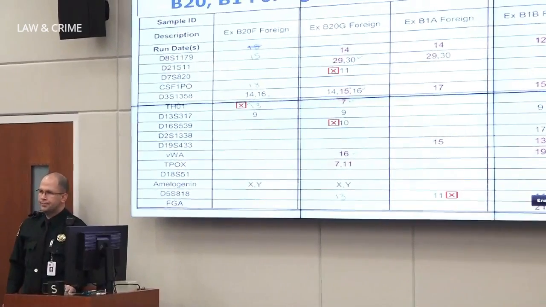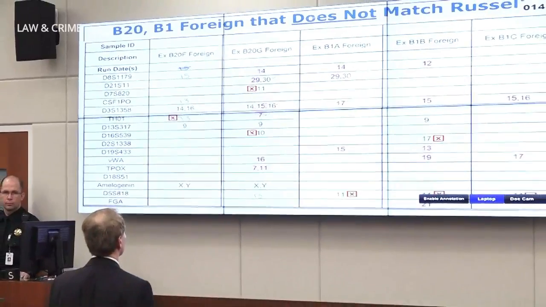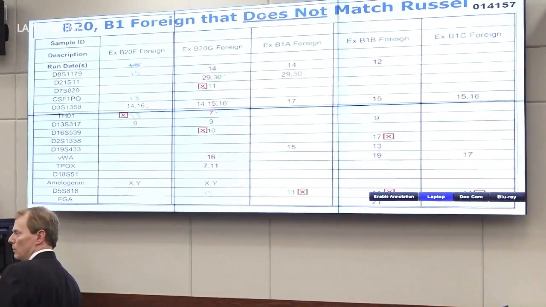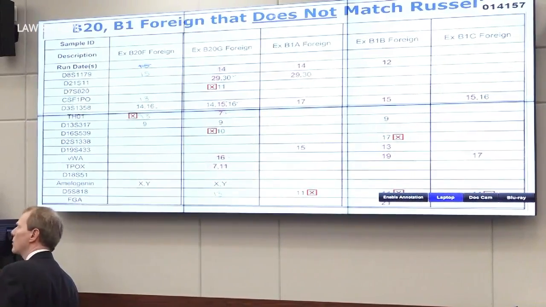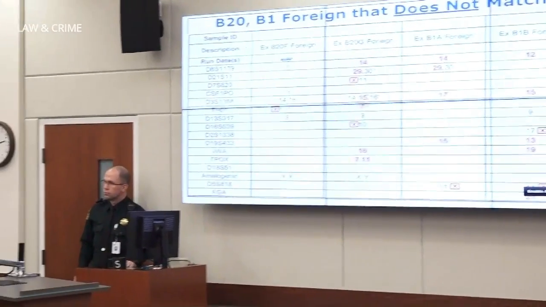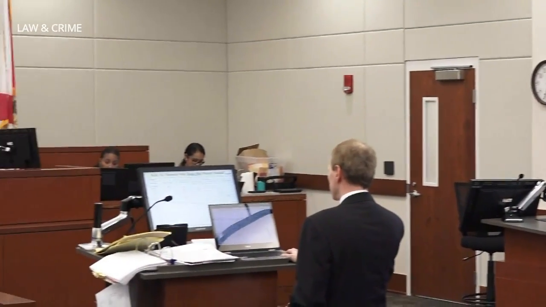Correct. Okay. And I'm just going to go through the B1A, B, and C. Was that the pajama pants? Those were the socks and the ponytail holder. You've excluded Russell from those, is that correct? Anything foreign wasn't interpretable. You can see it's very limited information.